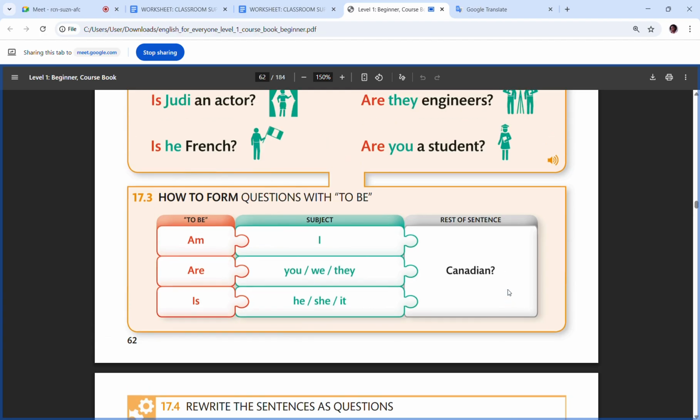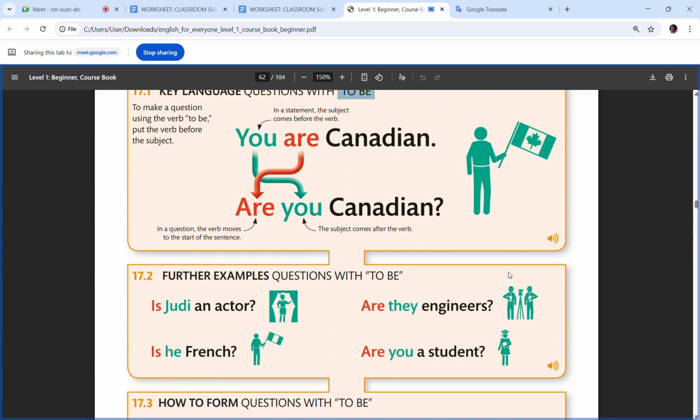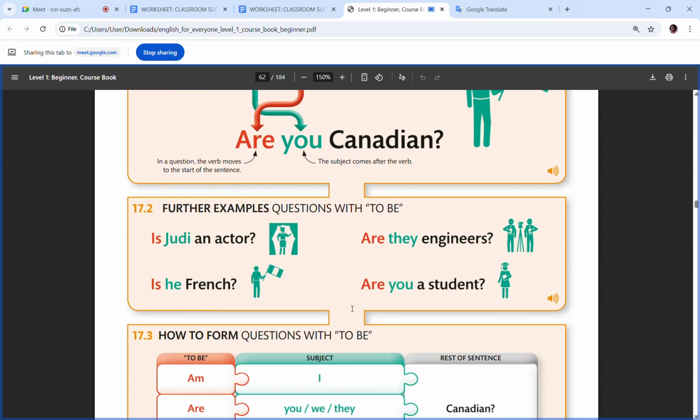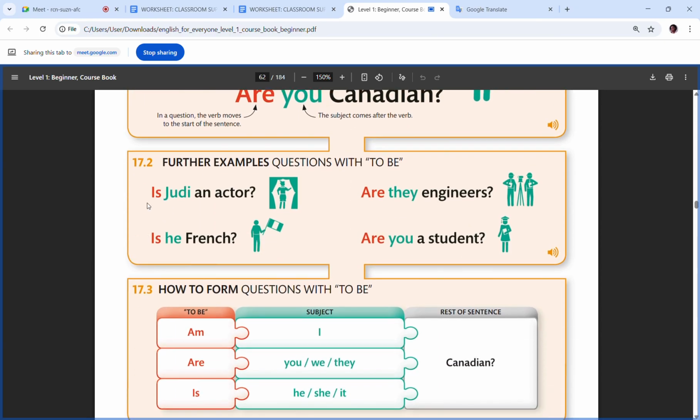So for the verb to be, you put the verb to be at the beginning of the sentence. It goes in front. So the verb comes before the subject, or the pronoun. Can you see? So it's very important. So let's look at more examples.